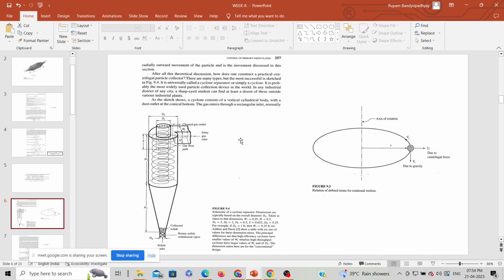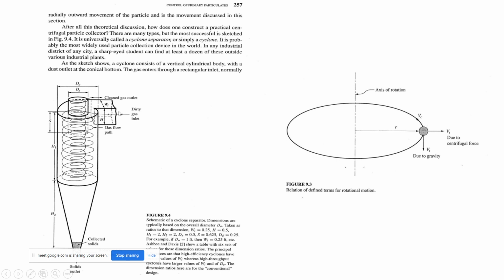And for the cyclone, centrifugal force is used to separate the particles from the gas. Here W is the width of the inlet, and H is the height. The dry dirty gas comes in like this, and centrifugal force separates the particles from the gas.